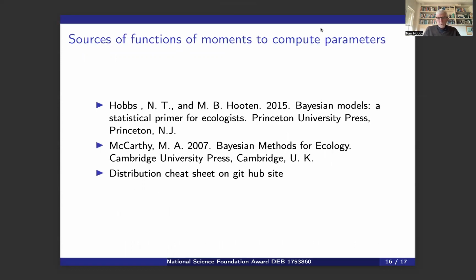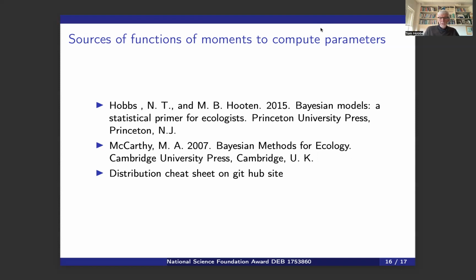There are several good sources of information for functions of moments to compute parameters. Where we have the parameters in terms of the moments, you can get the moments in terms of the parameters in almost any stat book, any Bayesian stat book, any stat book really, or on Wikipedia. But the other way, where we find parameters in terms of the moments, is not widely available. You can find it in my textbook with Mevin Hooten, Bayesian Models: A Statistical Primer for Ecologists.